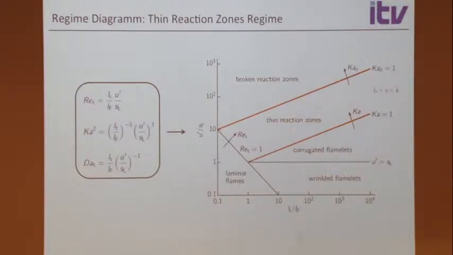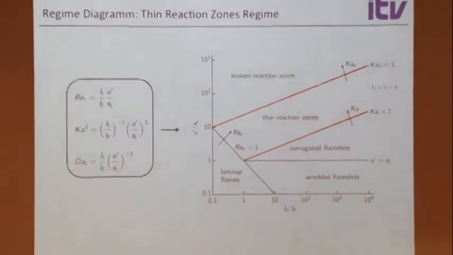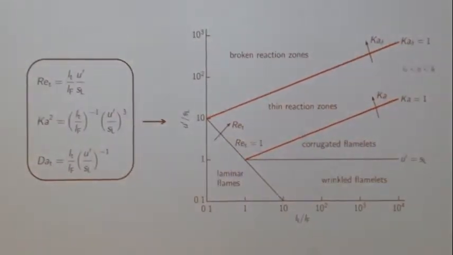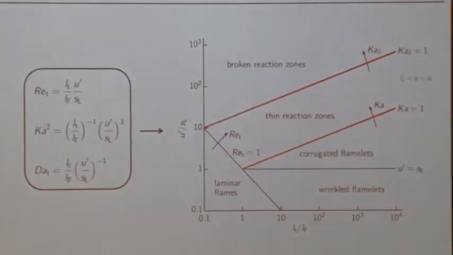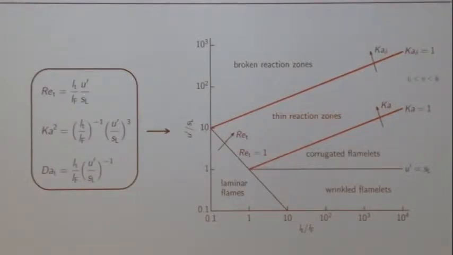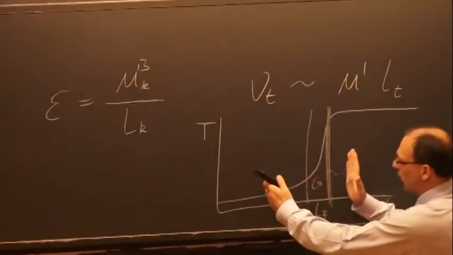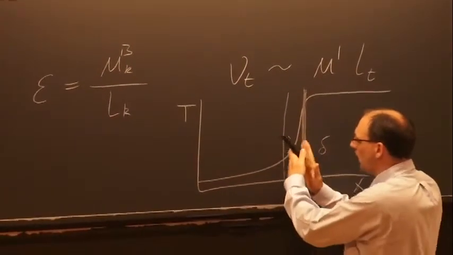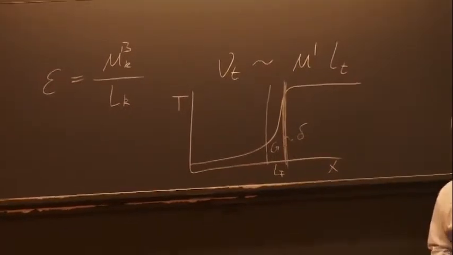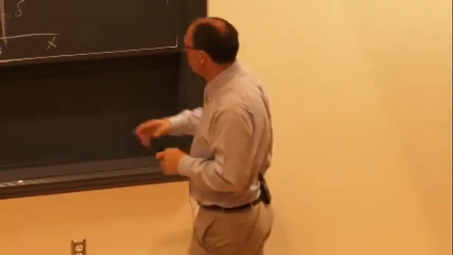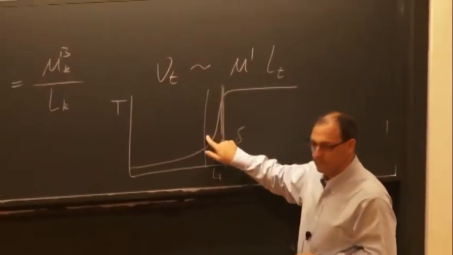Okay, then there's the regime here in between. Turns out this is the regime where most of the practical applications live. This is what we call the thin reaction zones regime. In that regime, the smallest turbulent eddies get smaller, and the Karlovitz number is larger than 1, meaning the Kolmogorov scale is smaller than the flame thickness.